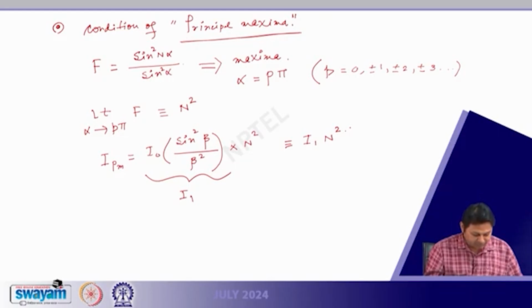So, we can also find out the ratio of the intensity of the secondary maxima and the principal maxima, and that we can do.